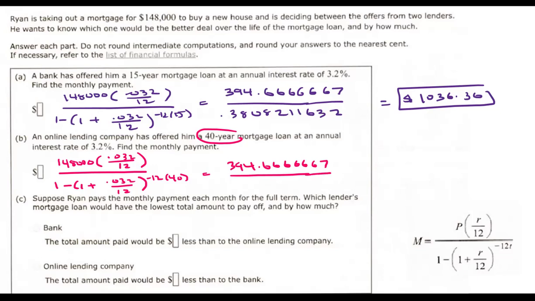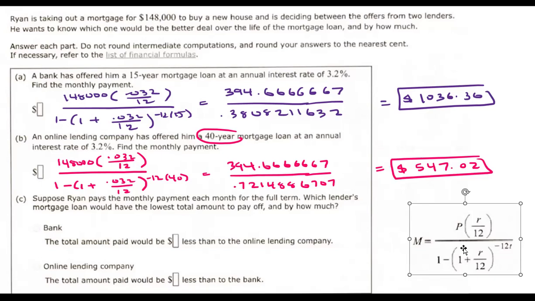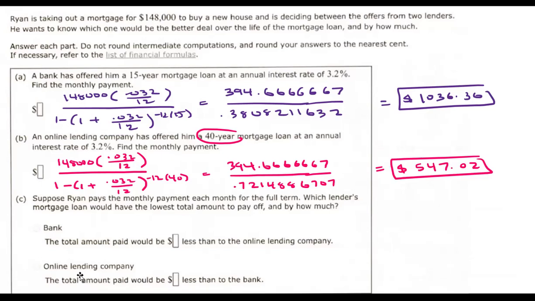And the denominator, we're going to have 0.72148866707. Okay. All right, so when we divide this in the calculator, we get $547.02.